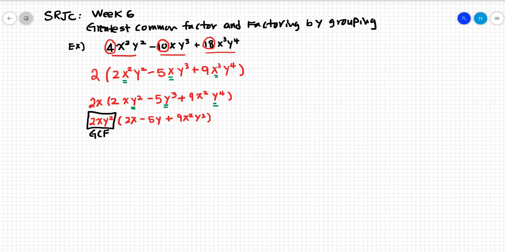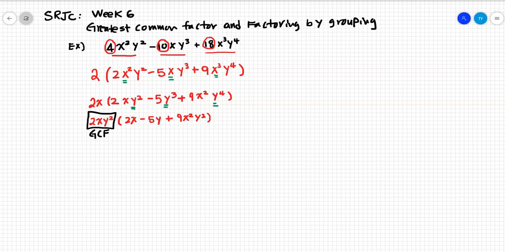That's going to be our GCF, the greatest common factor for all these three terms here. So you may think that this is kind of slow going, but you're still going to have to do this. Otherwise, you won't be able to find out what the greatest common factor is. So when we get into the factoring method, the first thing that we have to do is look for the greatest common factor. We're going to take that out to the front, and then we're going to rewrite the remaining ones.